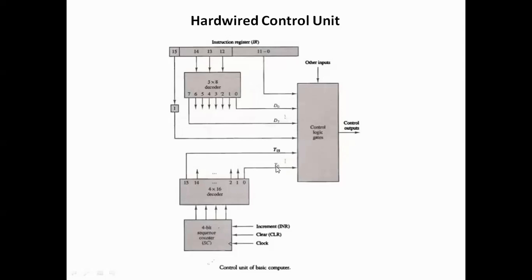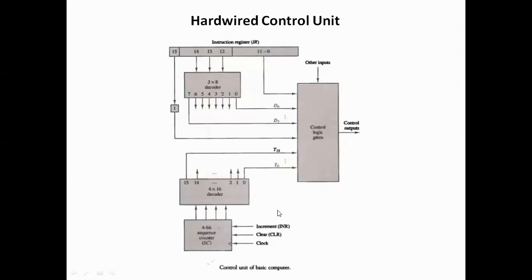So at most 15 timing signals will be generated, and it is not a must that every instruction will require this many timing signals. Say we have an instruction that requires only 5 timing signals, so this will move from T0 to T4, fine.